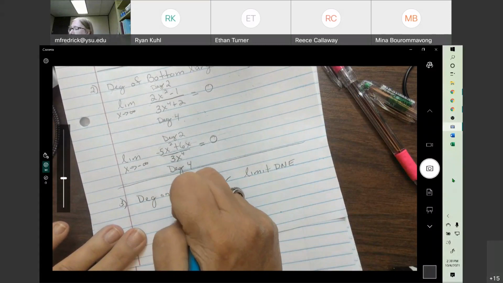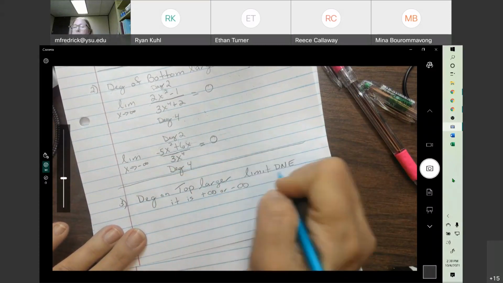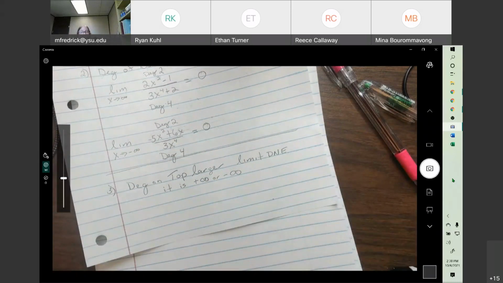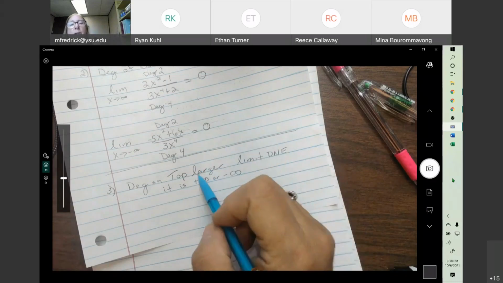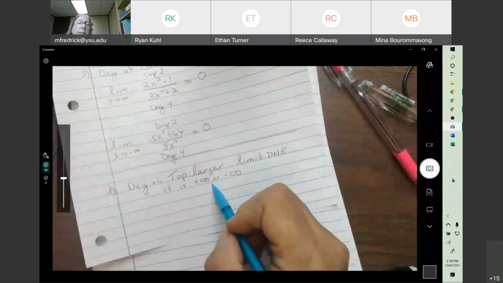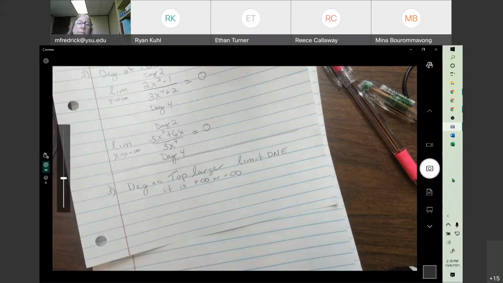It is positive or negative infinity. Because your top's getting large. If you take a small number and divide it into a big number, you're going to get a really big number. And so if the top is larger, the limit doesn't exist because it's getting huge, either positively or negatively.